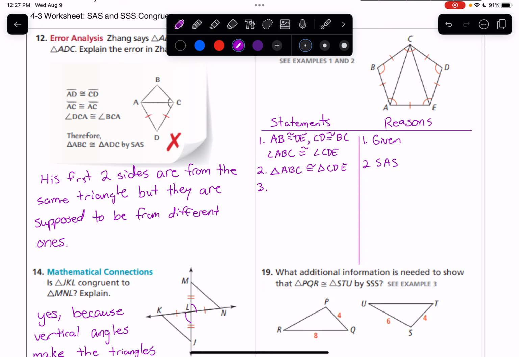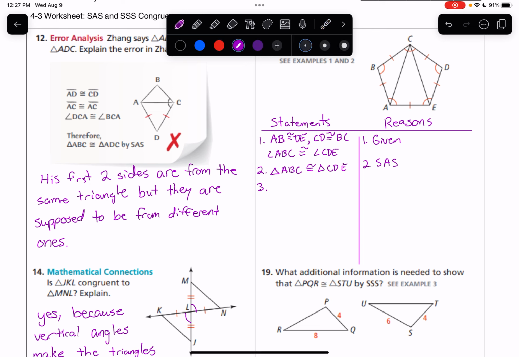Then I know that AC is going to have to be congruent to CE, right? Because this triangle is congruent to this triangle, I know that this side is congruent to this side by CPCTC. Corresponding parts of congruent triangles have to be congruent.